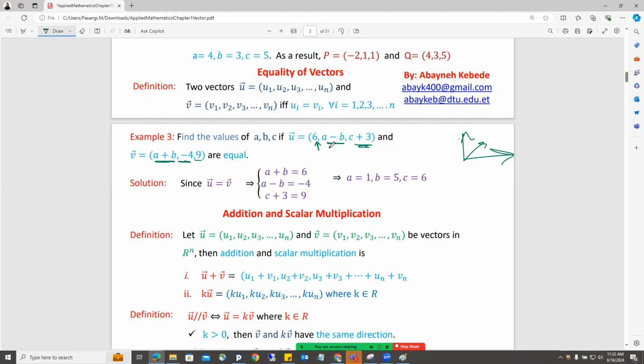So A plus B equals 6, A minus B equals minus 4, and C plus 3 equals 9. Then we can find out A, B and C. Is it clear? Yeah. Okay.